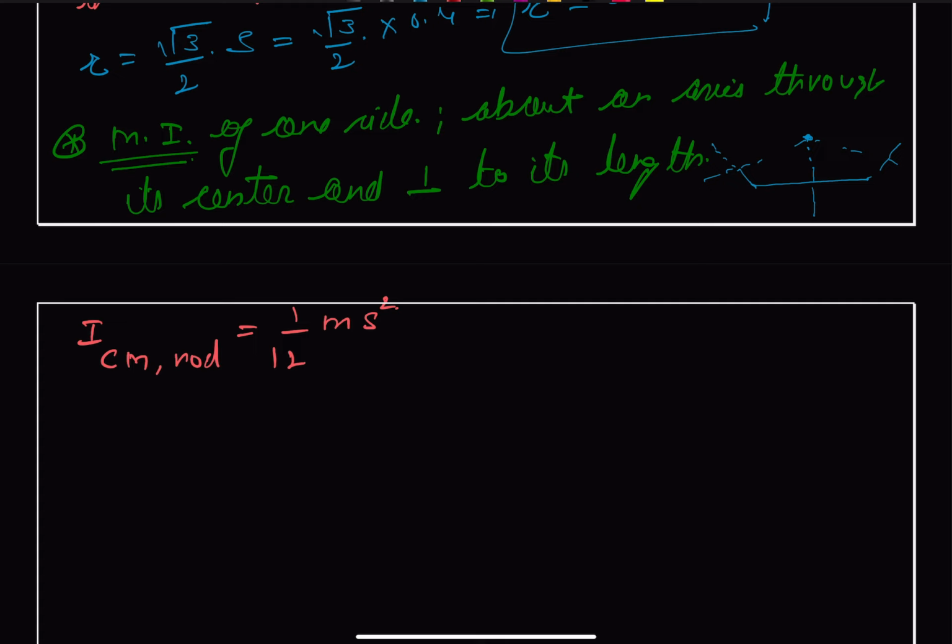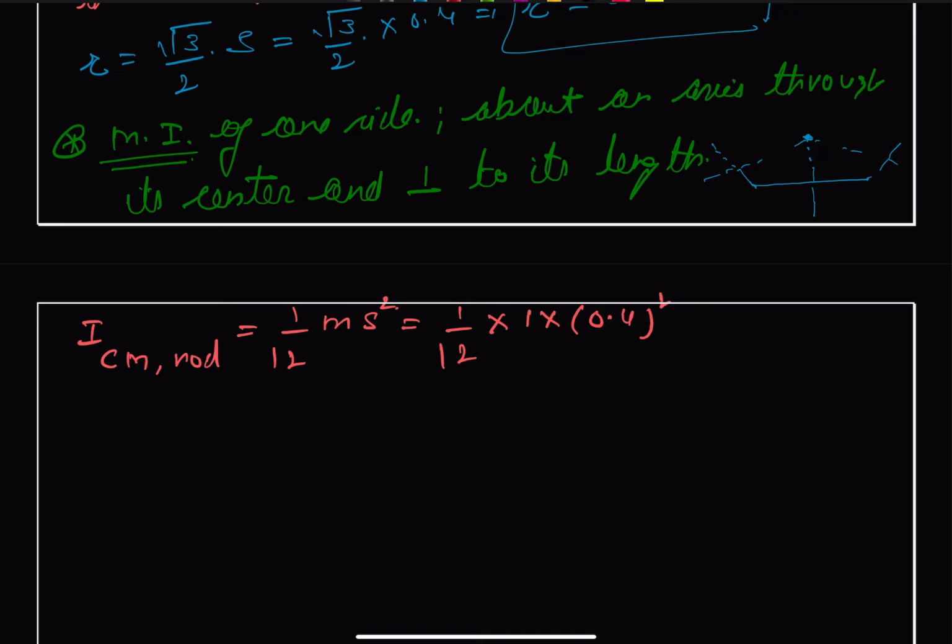and we know all these values, so this comes to 1/12 multiplied by mass is about 1 kg and side is 0.4 square.